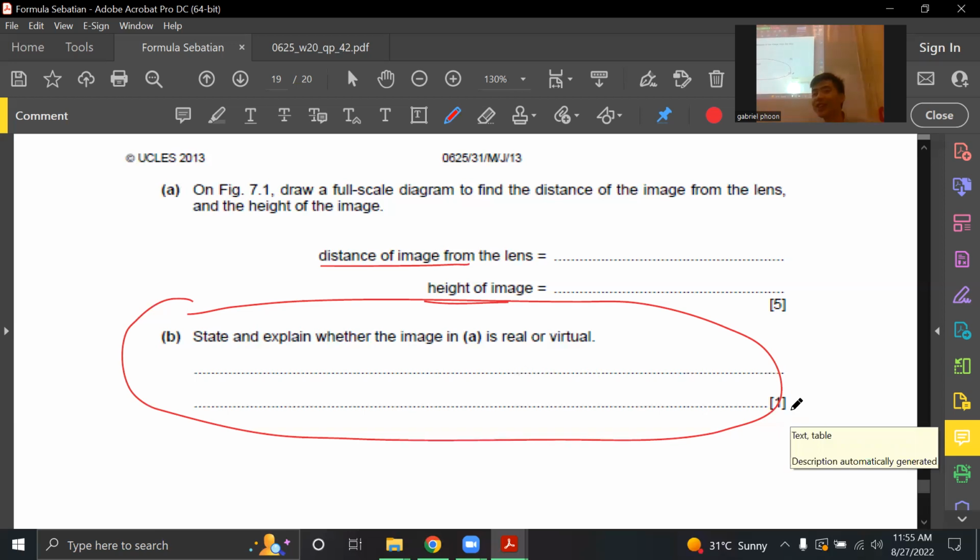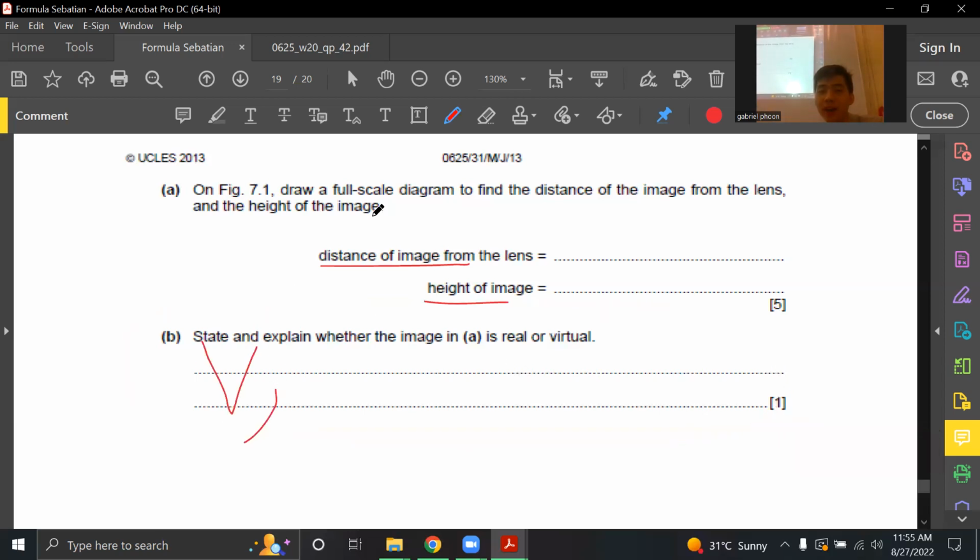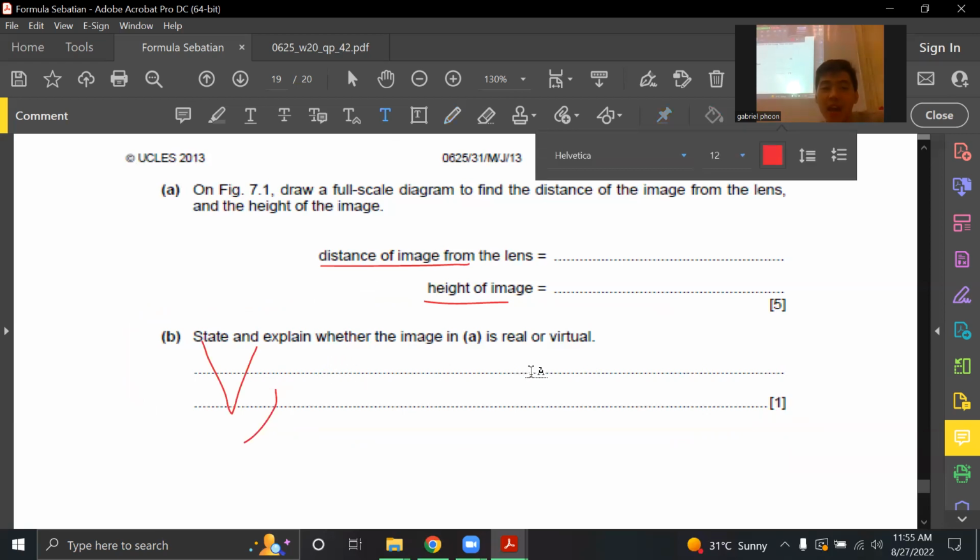Everyone pay attention, okay? This is the free mark, exactly what I told you just now. It is definitely going to be virtual. Why? The answer is always because it cannot be projected onto a screen.